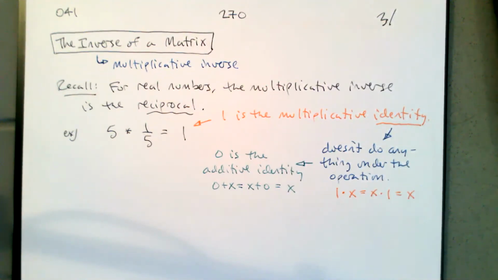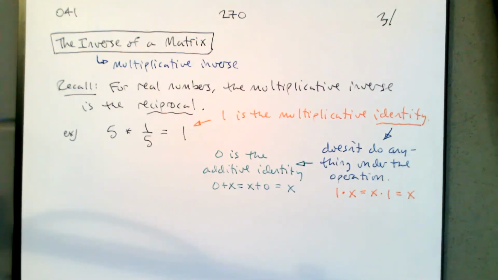So 0 is the additive identity, because 0 does nothing under addition. 1 is the multiplicative identity, because 1 doesn't do anything under multiplication. So for real numbers, multiplicative inverses are called reciprocals. You just flip them over.